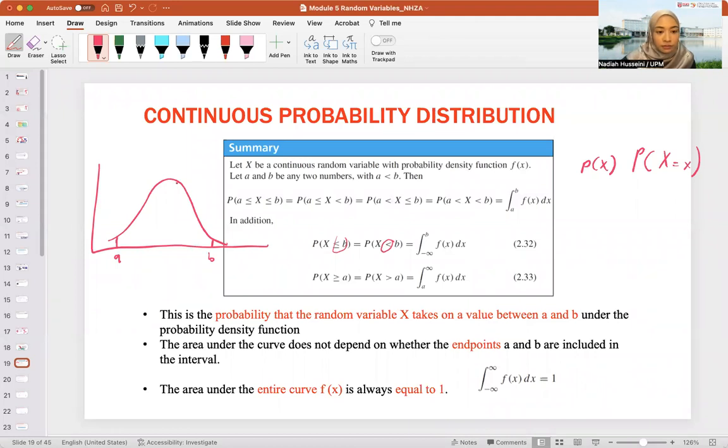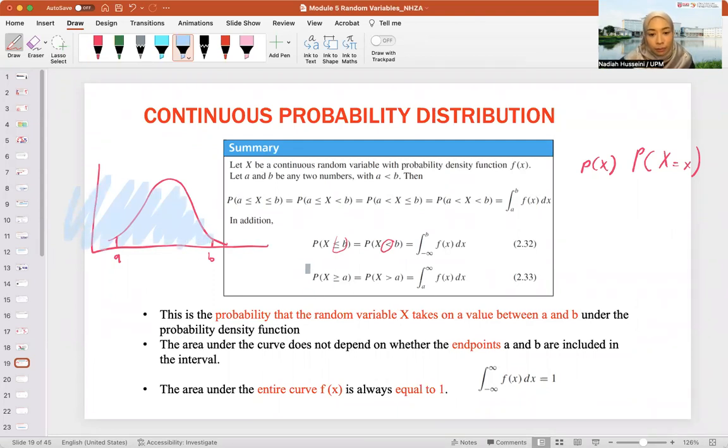So my curve is from a to b, let's say. If I wanted to know the probability that X is less than b, then anything before b up to b is what I want to find out, right? So it extends from minus infinity up to b. This is what it's trying to say.